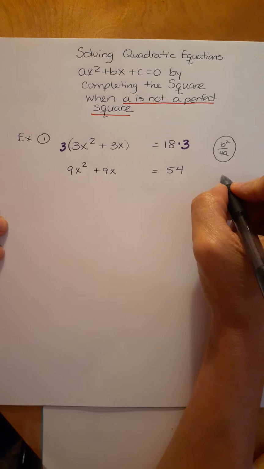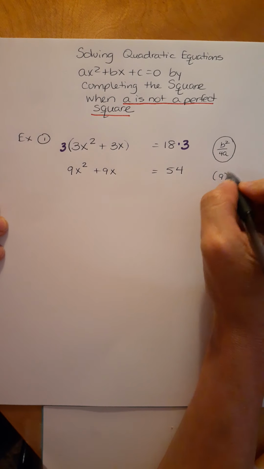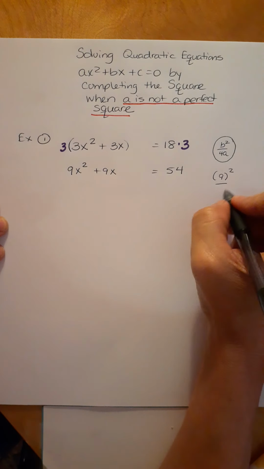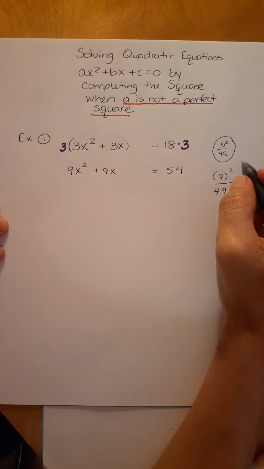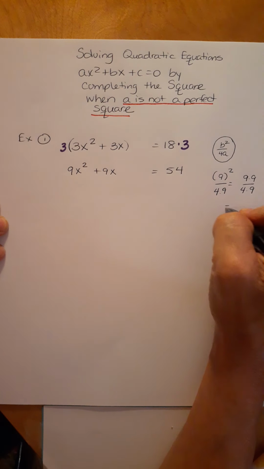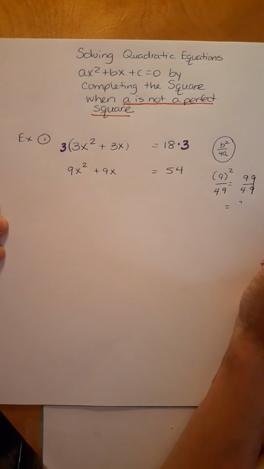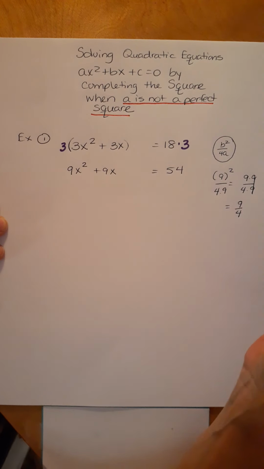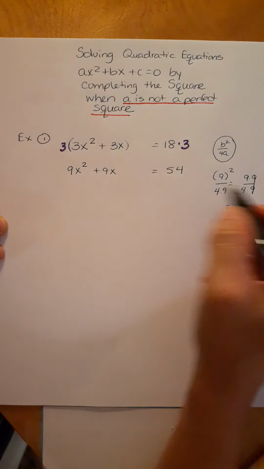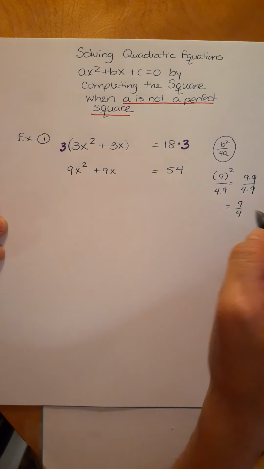My b is 9, so that's going to be 9 squared over 4 times, what's my a? 9. I'm going to get 9 times 9 over 4 times 9, the 9's cancel, and I'm going to get 9 over 4, which is a fraction. Perfectly fine.